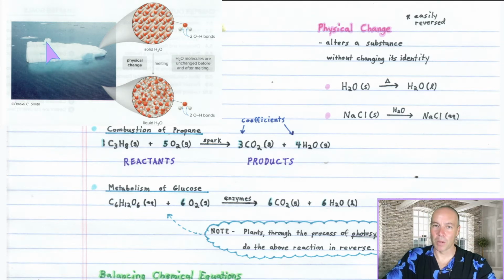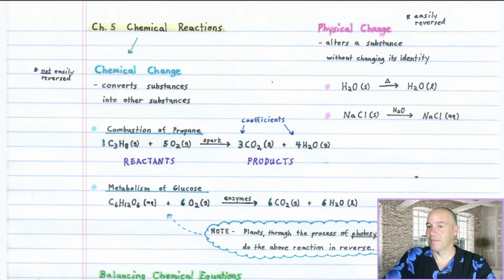Maybe it's floating south towards the South Pacific. And along the way, it's getting smaller and smaller, and that's because it's melting. And so the water in the solid phase, all these water molecules are nicely lined up in an ordered structure. And then after it melts, the water molecules are all disordered.